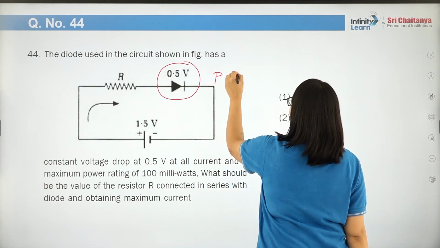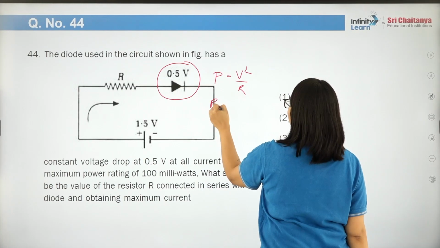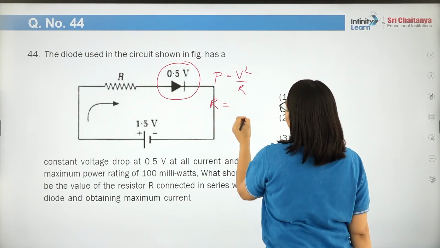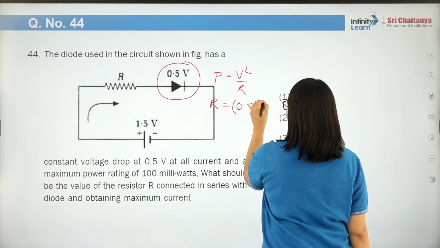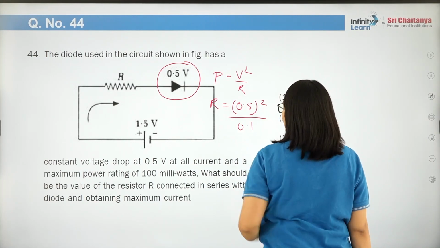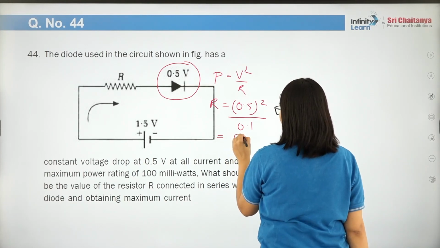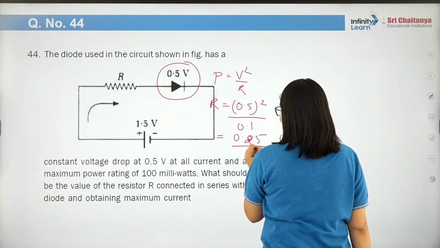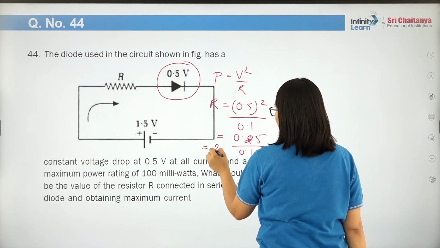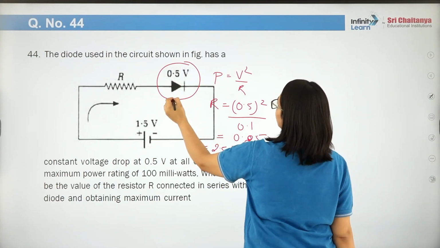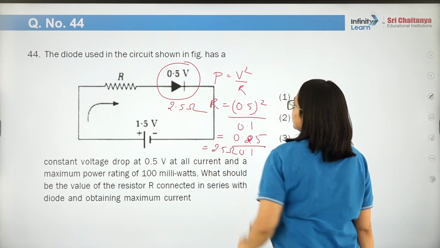Power is V square upon R. So resistance of the diode will be V square upon P, which is 0.5 whole square divided by 0.1. So this will be 0.25 divided by 0.1. So this will be 2.5 ohm. So resistance of this one is 2.5 ohm.